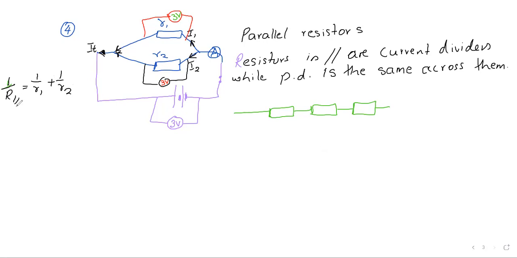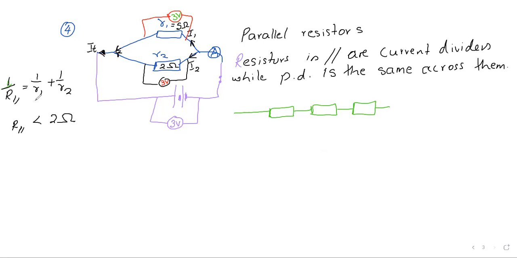Note, if R1 is equal to 5 ohms, R is measured in ohms, and R2 measures 2 ohms, the equivalent resistance of the parallel combination must be less than the smallest, and the smallest is 2 ohms.